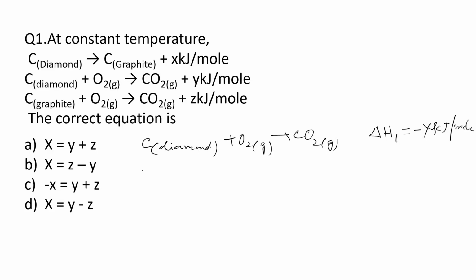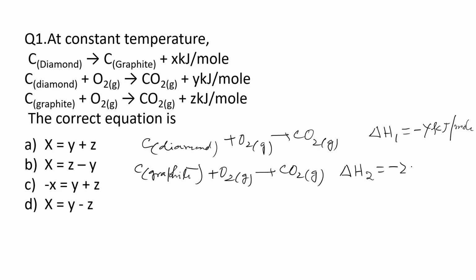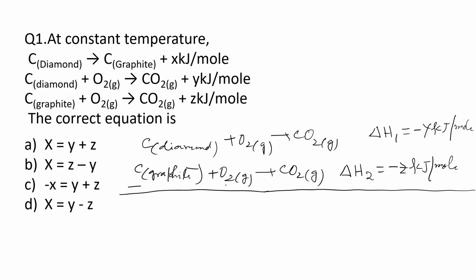Another one is carbon graphite plus oxygen giving carbon dioxide, and here delta H2 is equal to minus Z kilojoules per mole. Now if you subtract them, then what are we getting? Carbon dioxide gets cancelled, oxygen gets cancelled.